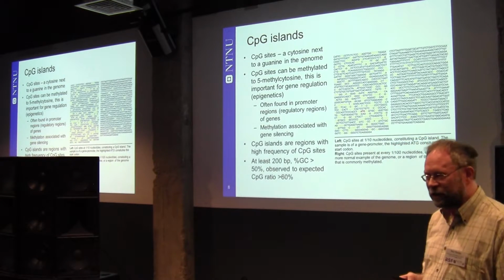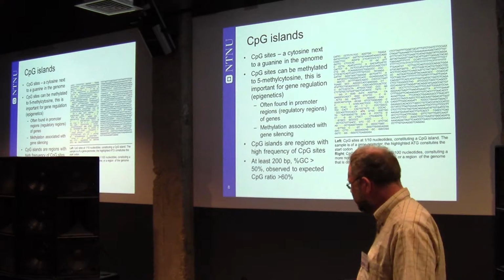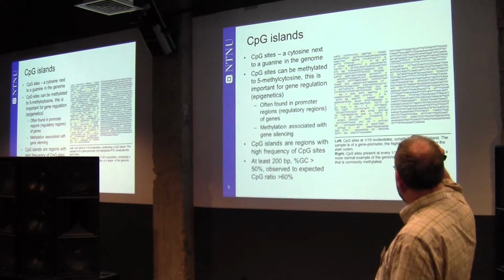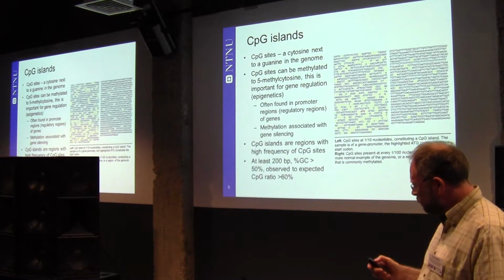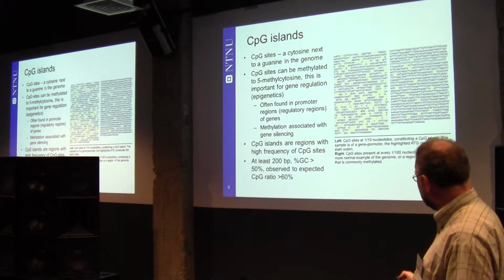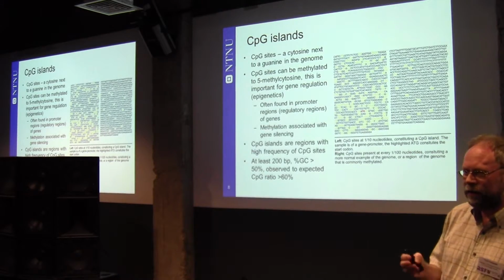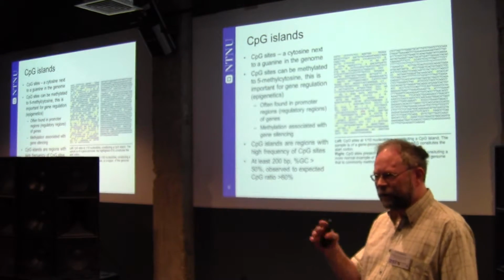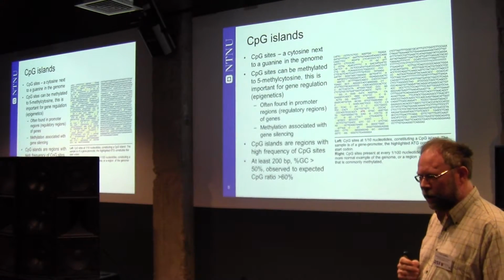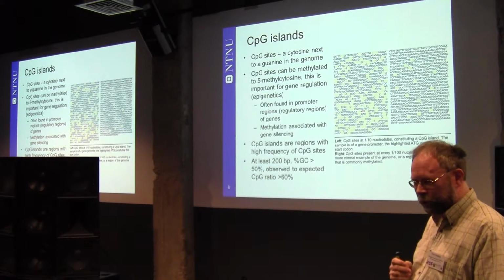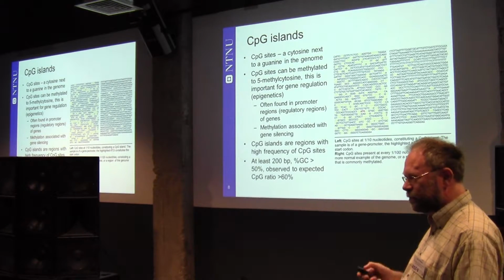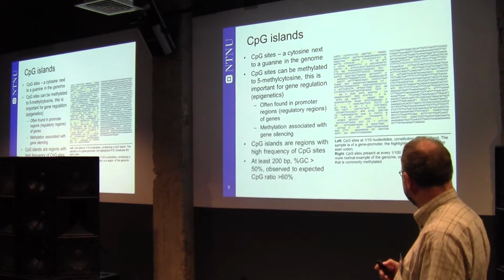CpG islands, or the CpGs, have also been mentioned. And you should be aware that although there is a so-called definition of what a CpG island is, different groups use slightly different definitions. So different tracks from different groups may vary a little bit with respect to exactly how they define a CpG island.